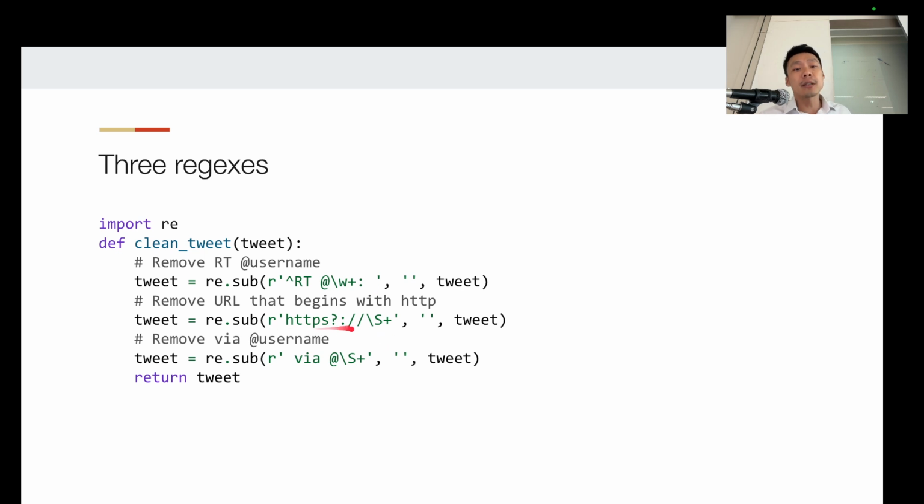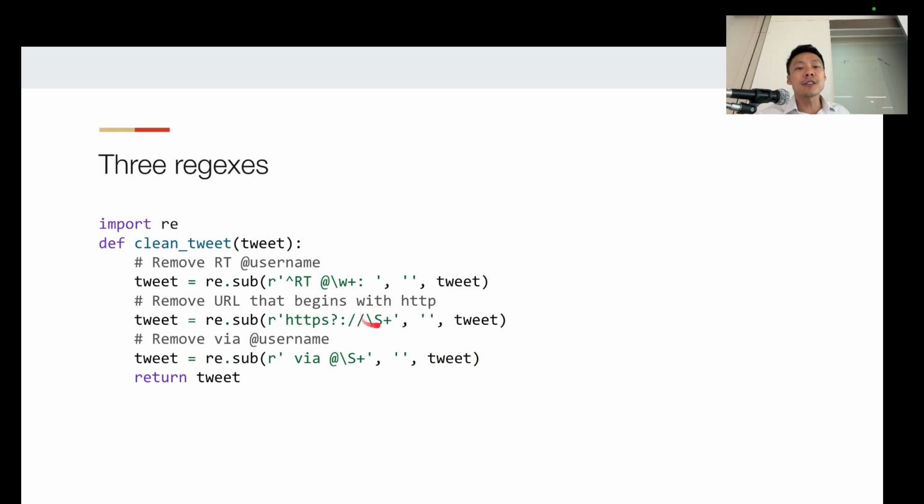And for the second one, you could do something like this for HTTP. This is very rough. You could make it tighter than this, but I write it a simple way. HTTPS, sometimes it's not HTTPS, so I put the question mark here.